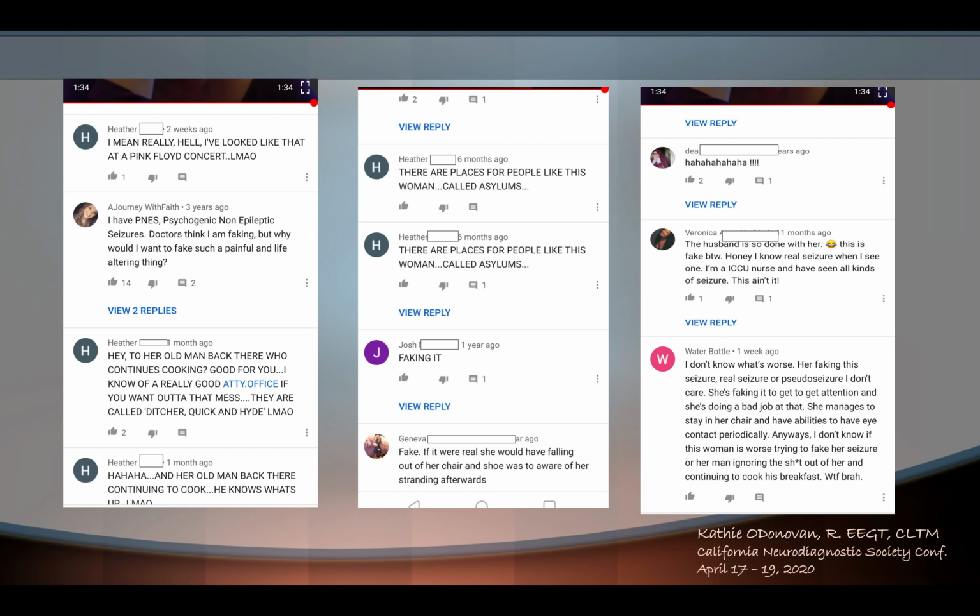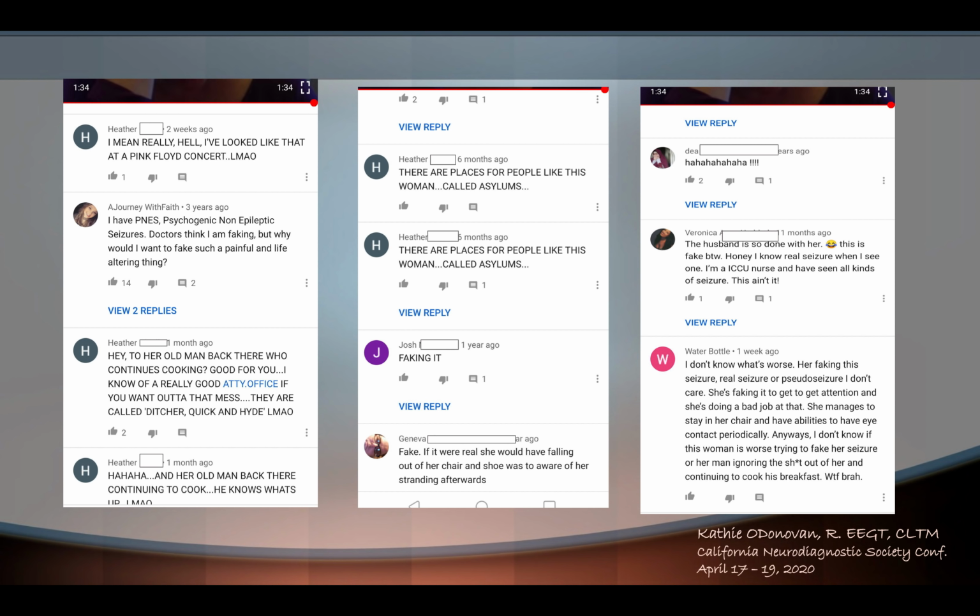Another one just says faking it. And then this bottom one in the middle, fake. If it were real, she would have been falling out of her chair. And she sure was aware of standing afterwards. I don't know what that means. Another one, ha ha ha ha. And this husband is so done with her.